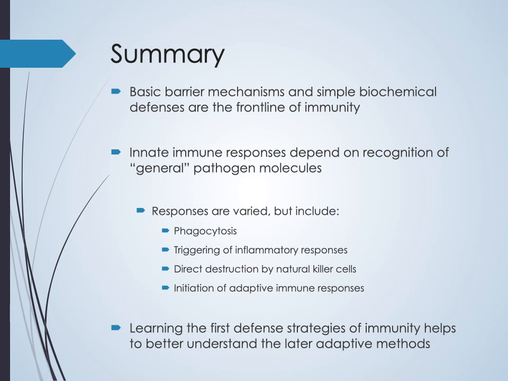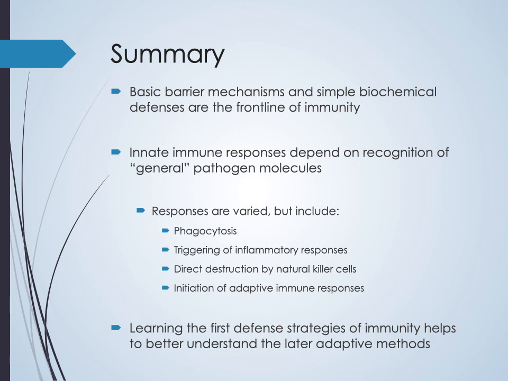Okay, and we can have all of these responses, so it's not one or the other. All of these responses can occur when we have activation of the innate response. And as someone who really focused on adaptive immunity, it's really important to understand innate immunity because it's going to set up the adaptive response, and without a good innate response, you can't get a good adaptive response.